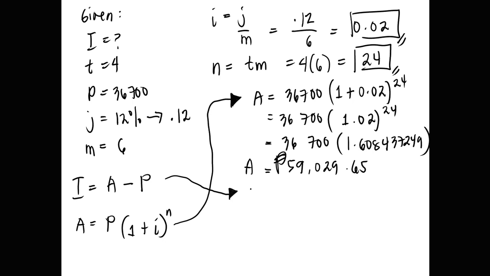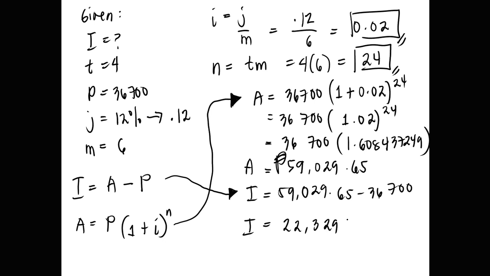So that is interest, 59,029 pesos and 65 centavos minus P, which is 36,700 pesos. So subtract. Final answer for the interest, we have 22,329 pesos and 65 centavos.